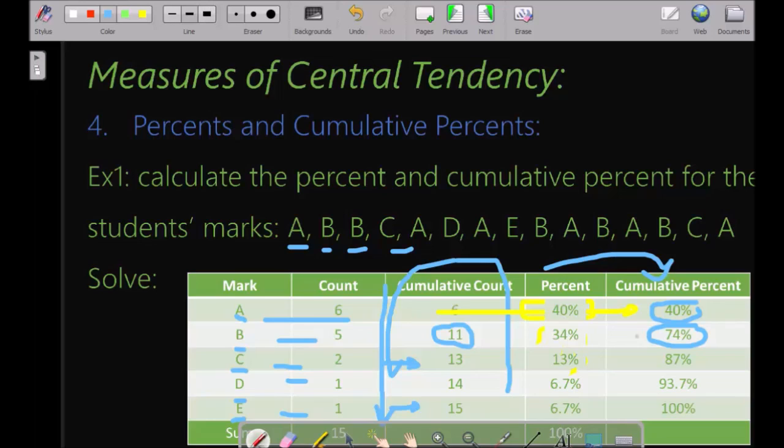Now it's 40 plus 34, so I got 74. Now 74 plus 13, I got 87, and so on until I get 100. That is, it's 100% that all my students got A or B or C or D or E.